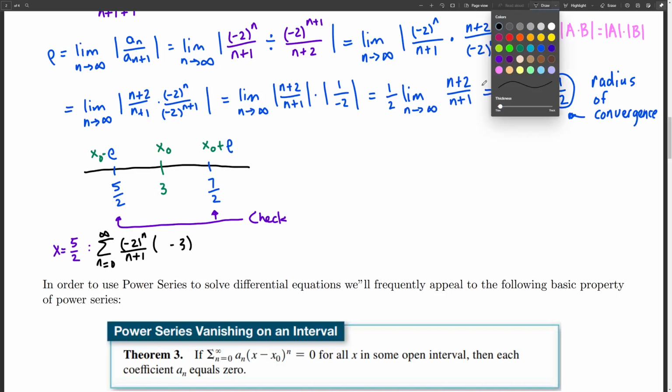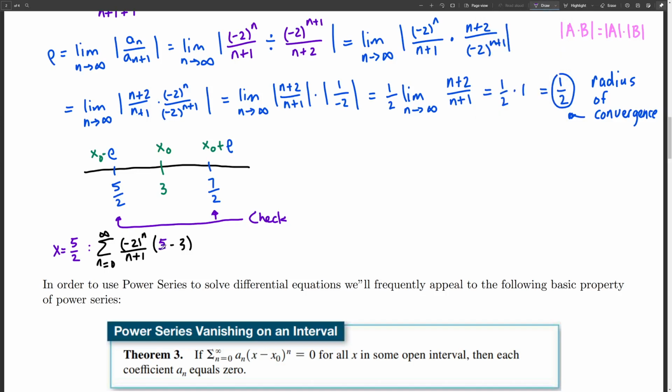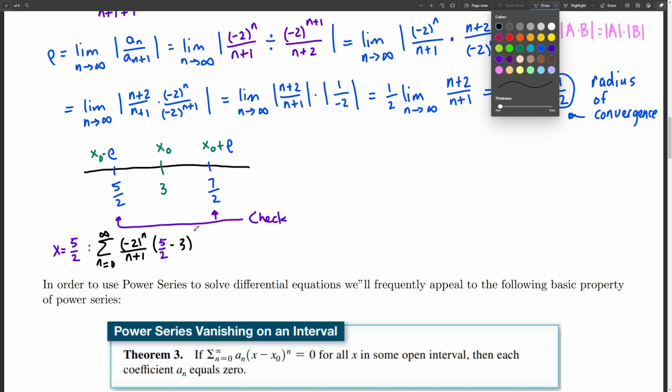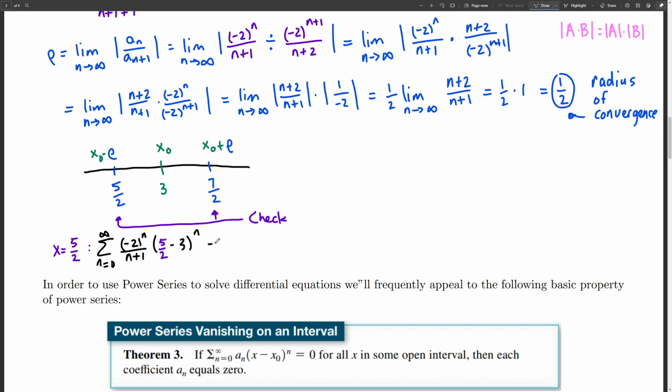So in this case, we put in 5 over 2, and then we raise that to the power n. And we can simplify that a bit. And so we then have negative 2 to the power n over n plus 1 times -1/2 to the power n.